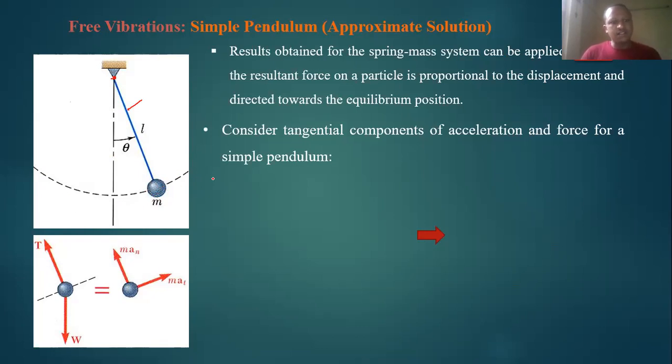It will swing like this, which obeys mechanical energy conservation. For example, the kinetic energy plus potential energy at this point is equal to the kinetic energy plus potential energy at this point.